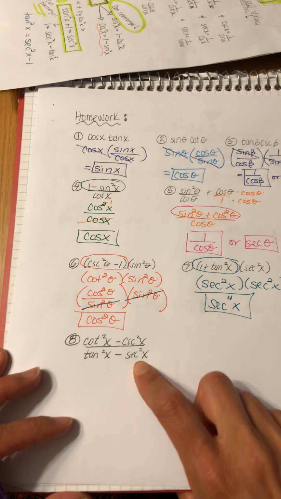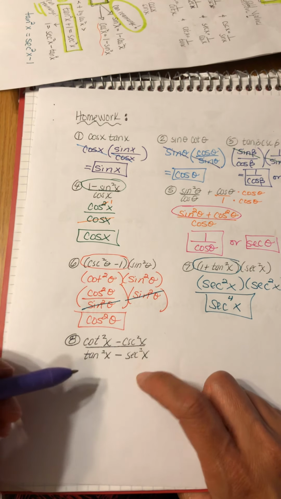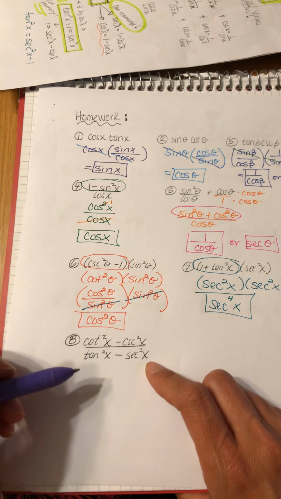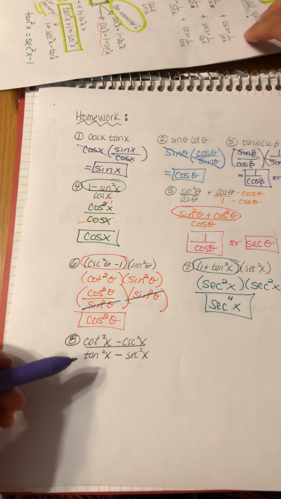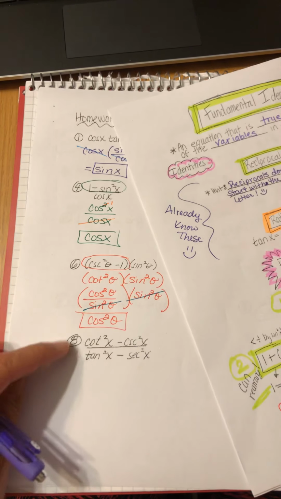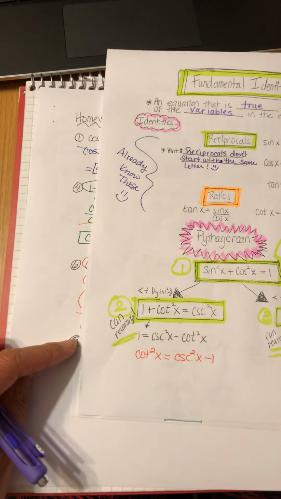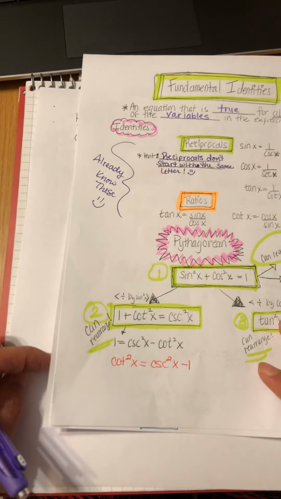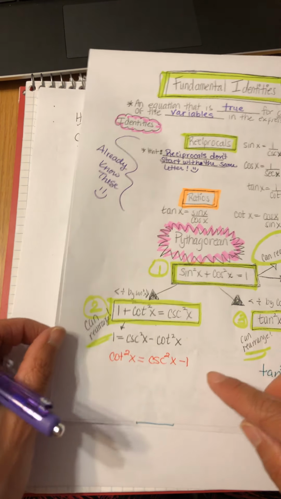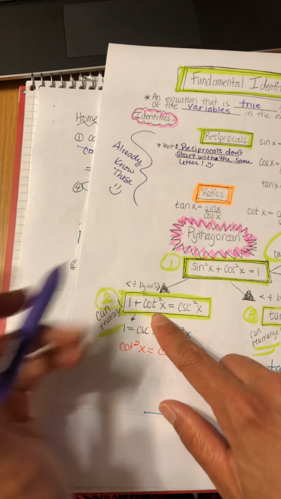And that's it. Last one, number 8. Cotangent squared x minus cosecant squared x over tangent squared x minus secant squared x. Now both of these seem highly familiar. So let's look at the cotangent one first. So I'm going to be looking at this identity, looking for cotangent squared minus cosecant squared. So let's rearrange this.